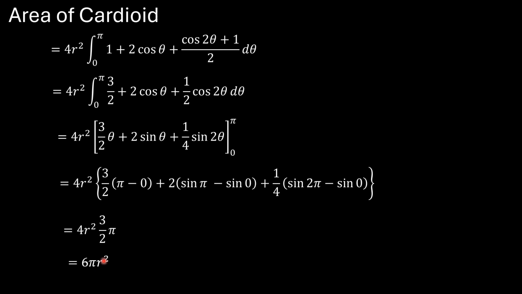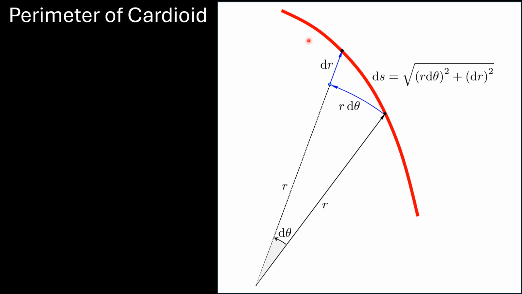Okay, so let's continue. As a preamble to determining the length of the perimeter of the cardioid, if you have a regular curve like that, and you have the radius at a specific point and the angle d theta, the perpendicular arc length is going to be r d theta.